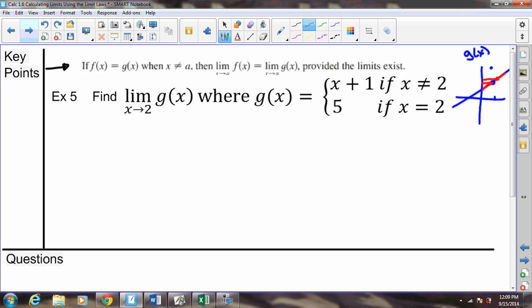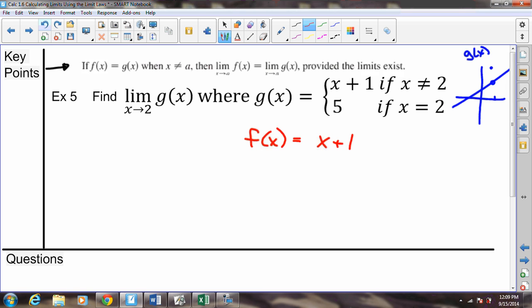What we're noticing is that if we were to change this to a function f of x that's equal to just x plus 1, then f and g are the same function everywhere except at x equals 2. Everywhere else they are the same.